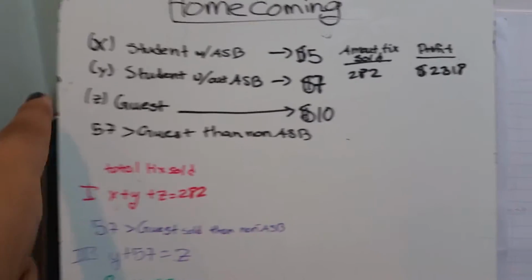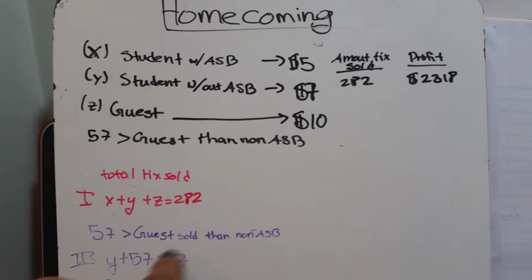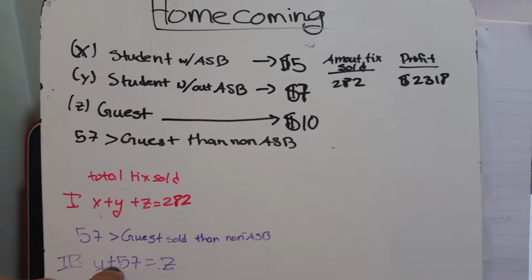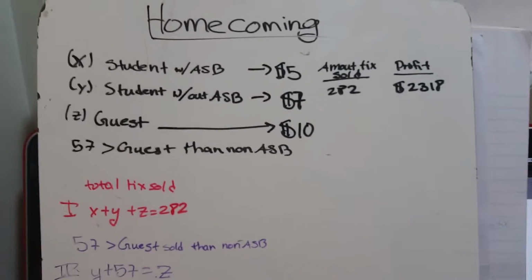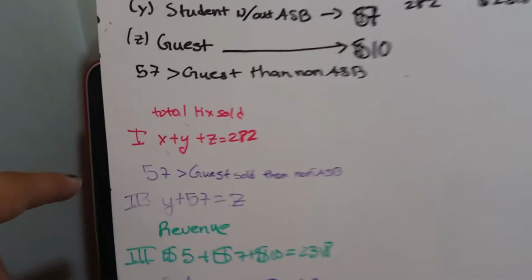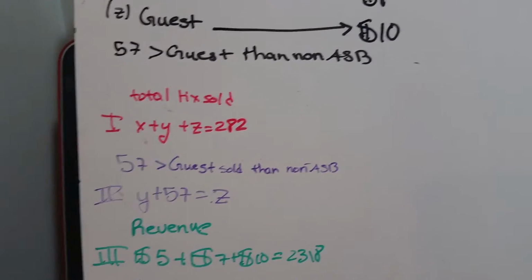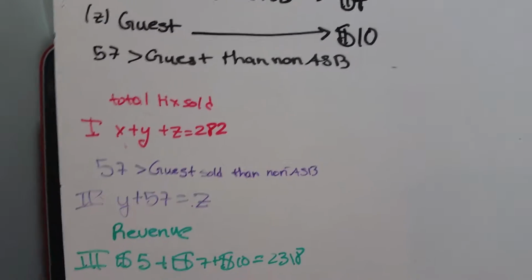Z is guests, and we know we have y, so 57 plus students without ASB, which is y, is equal to z. Now the third equation is going to be revenue. We're going to have $5 plus $7 plus $10 equals the entire revenue of the night, which is 2,318.